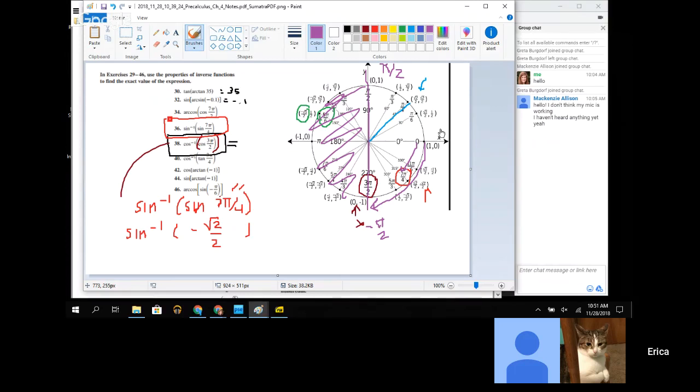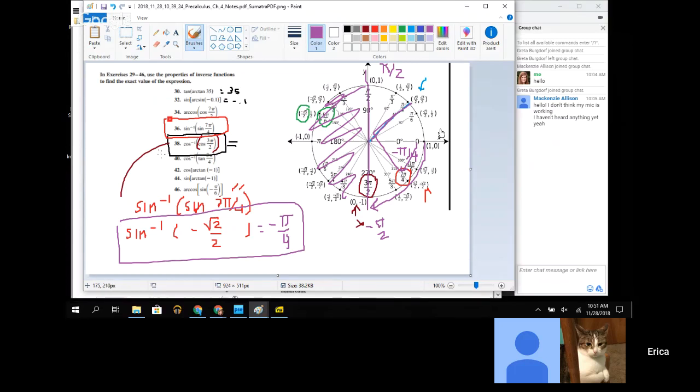Instead, we're going to call that negative pi over 4 because it's at the same position as this. So the inverse sine of negative square root of 2 over 2 is actually negative pi over 4. So you kind of have to play this game when you're taking inverse sines of, is my answer in the right range of what it should be?